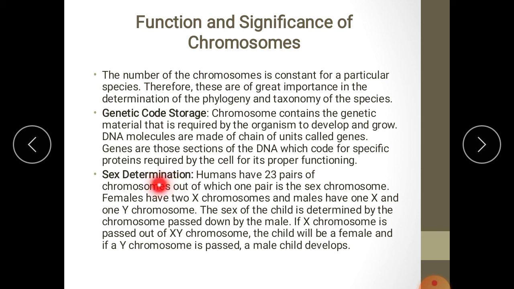So in human beings, the sex of the child is determined by the type of sperm that fuses with the egg, not the type of egg. So the male plays an important role in fixing the sex of the child.